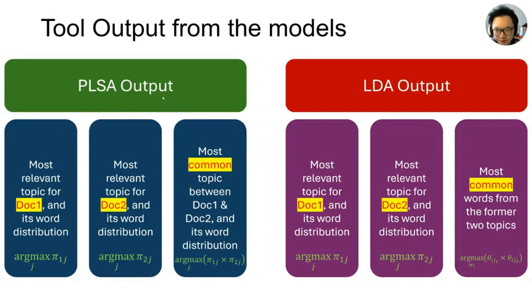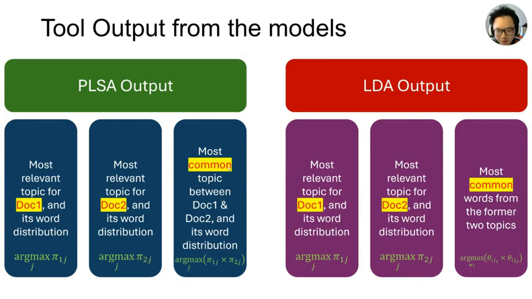For PLSA, it outputs three things. The first is the most relevant topic for document 1 and its word distribution. We find this topic by performing the argmax of pi1 over all the topics. Similarly, for document 2, we find the biggest pi2 over the topics.